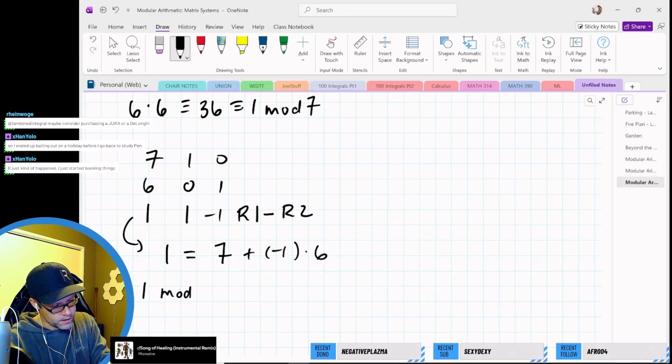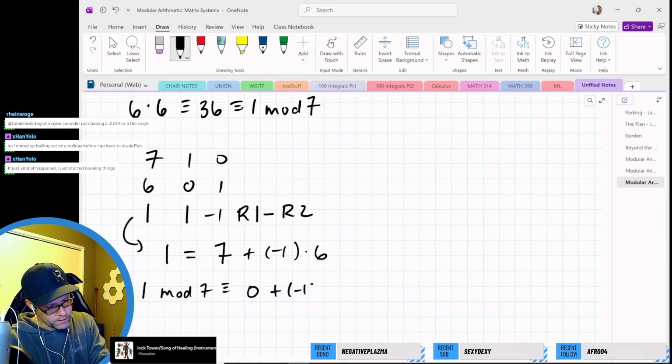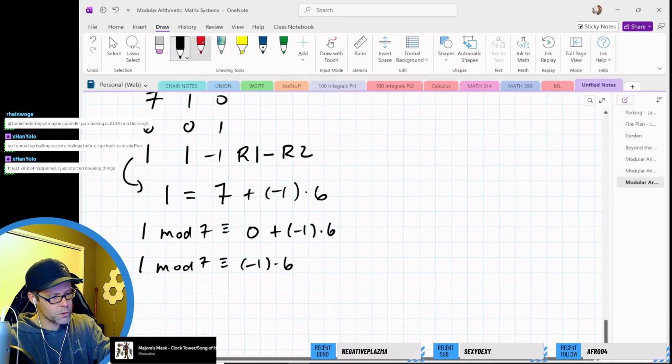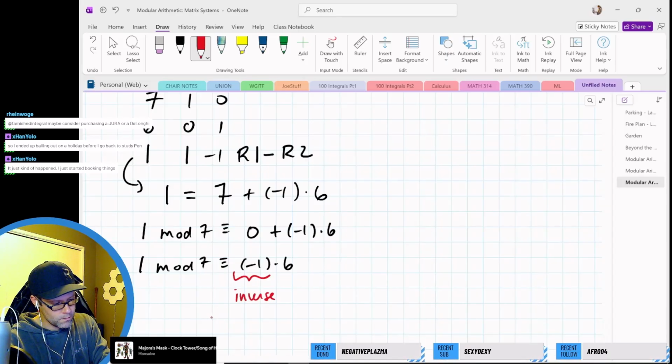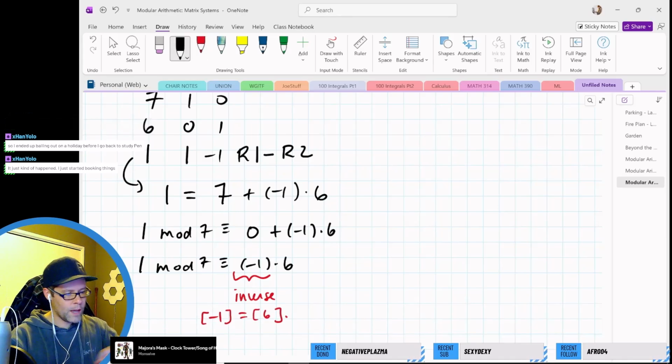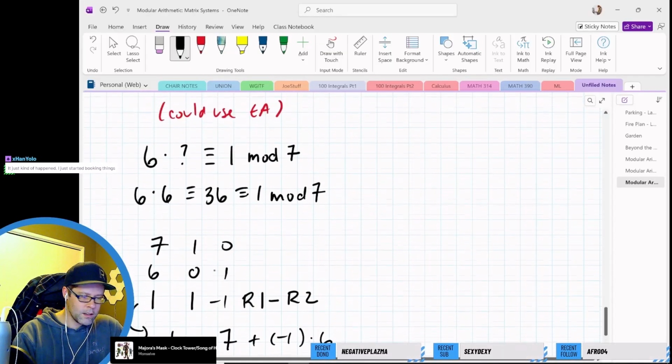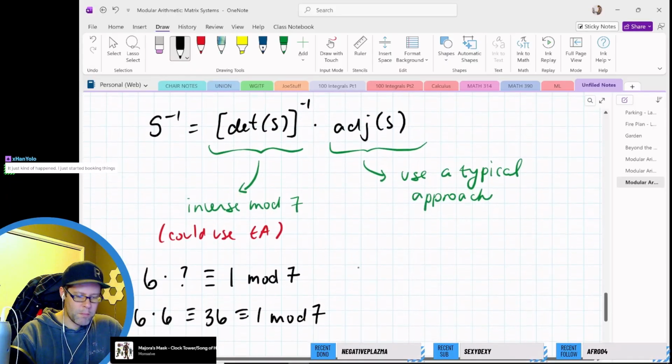So 1 mod 7 would be equivalent to 0 plus negative 1 times 6. And so we have negative 1 times 6 would be 1 mod 7. So negative 1 is the inverse we're looking for. We already know that that's equivalent to 6. Okay, so when in doubt, you can always use the Euclidean algorithm to get the answer that we want here. Sometimes it's easy just to try to mentally do it. Sometimes it's a little bit faster.